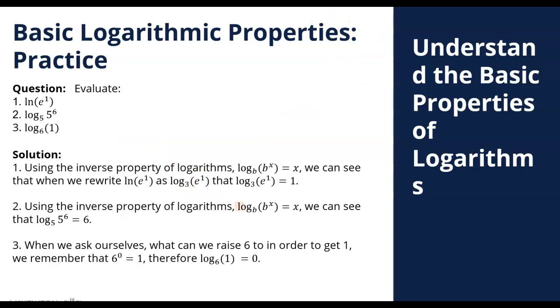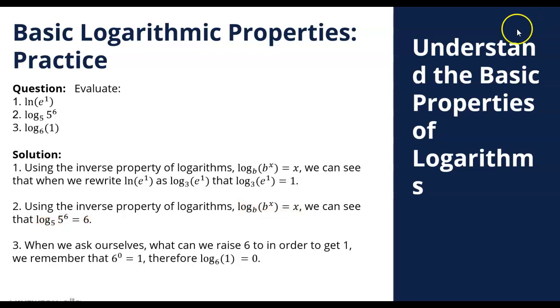Same thing, log of b to the x base b is equal to x. Whenever we have this expression here, this is just equal to the exponent. Therefore, log of 5 to the 6 base 5 is just equal to 6.